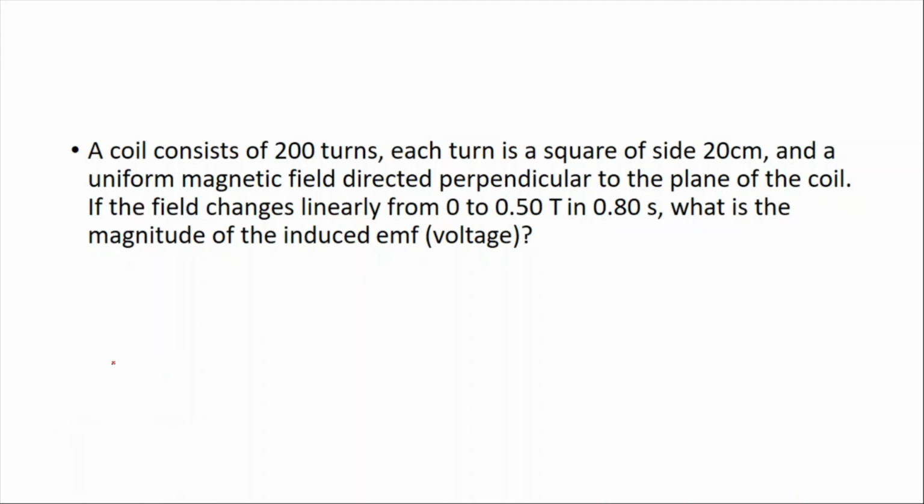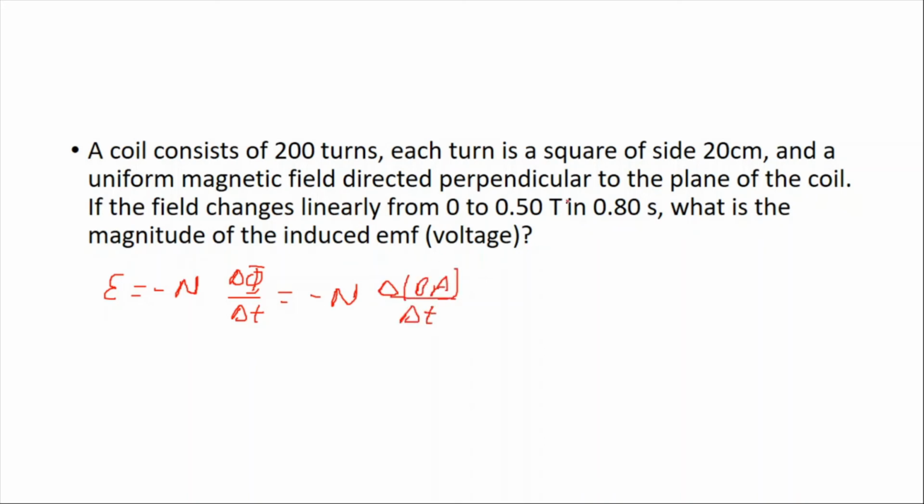As we know, the induced electromotive force E is equal to negative n times delta phi over delta t. It will be equal to negative n times delta B times A over delta t.